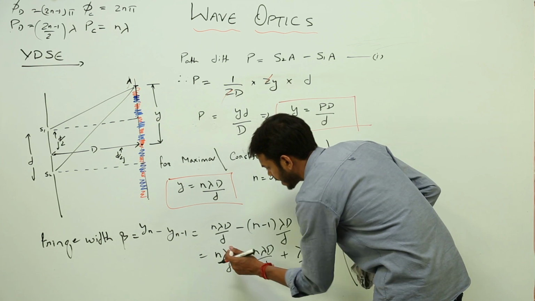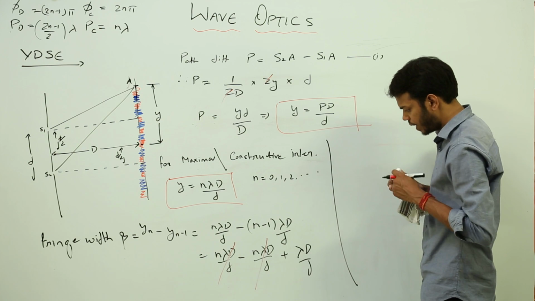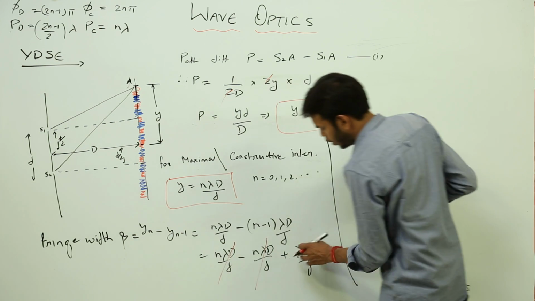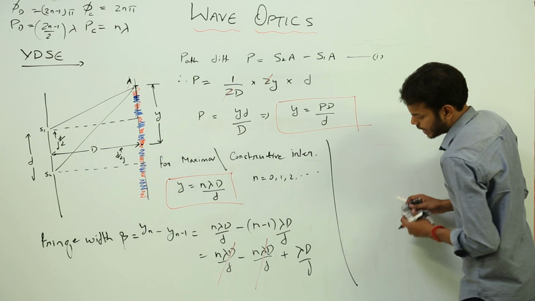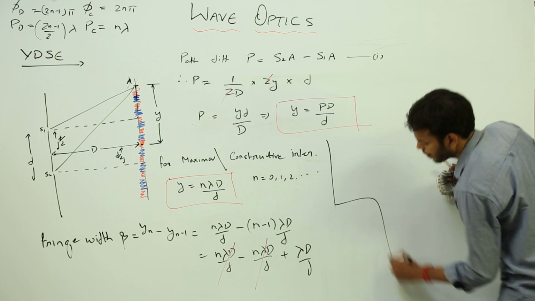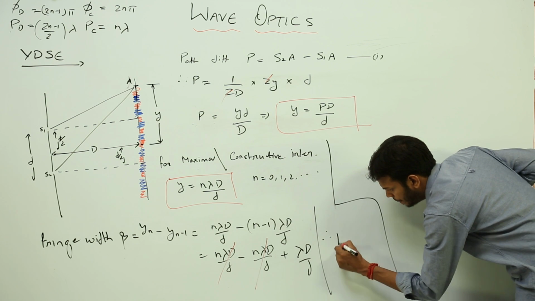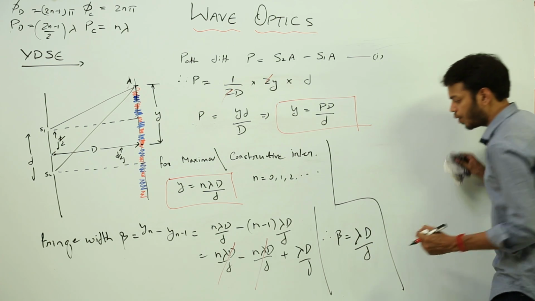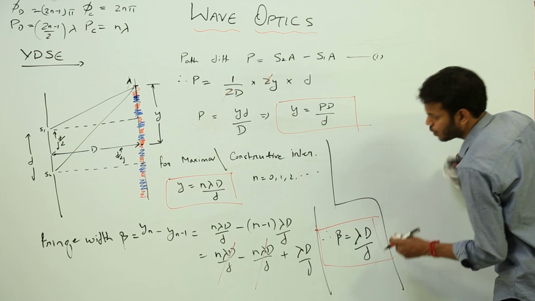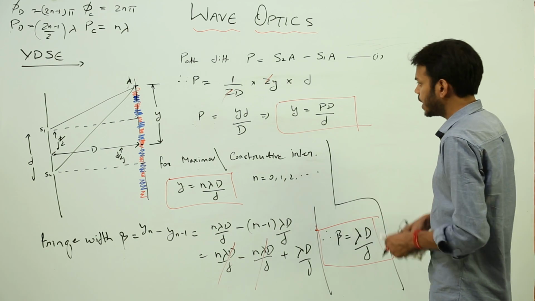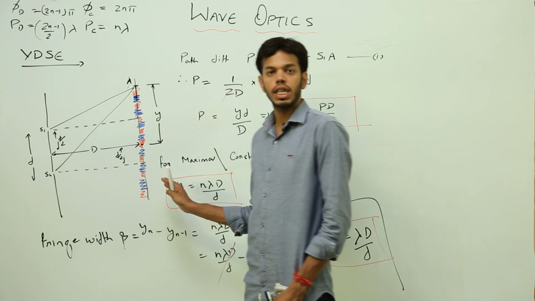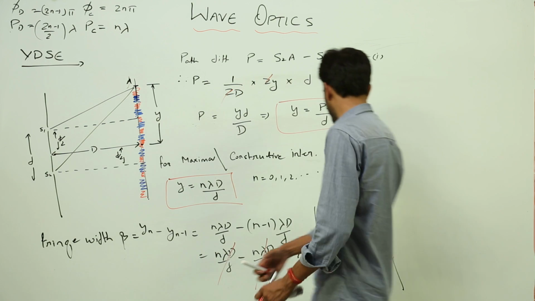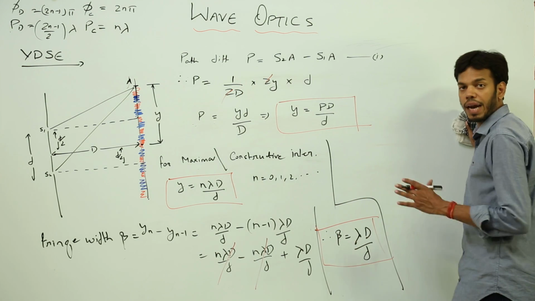So this whole term gets cancelled out and you are left with beta is equal to lambda D by d. Therefore beta is equal to lambda D upon d. This is the expression for fringe width in terms of wavelength, the distance between source and screen, and the distance between two sources for bright fringes.